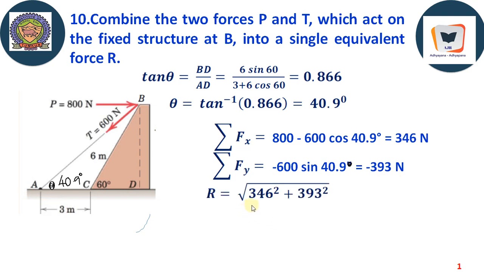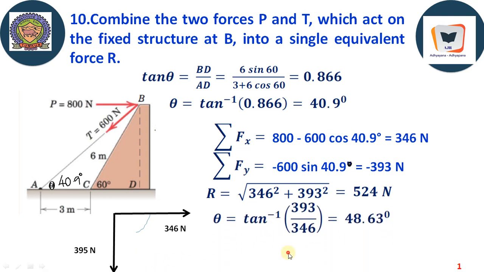So R equal to square root of 346 square plus 393 square. We will get 524 Newton to be the resultant, and the sum of the horizontal forces is positive, therefore it is going rightwards. It is amounting to 346 Newton, while the vertical component is 393, which is going down.